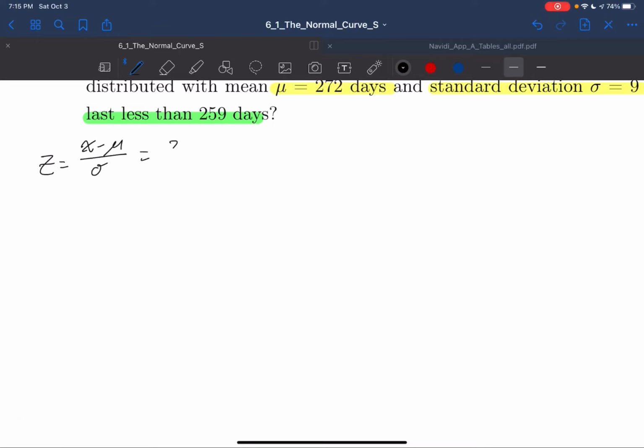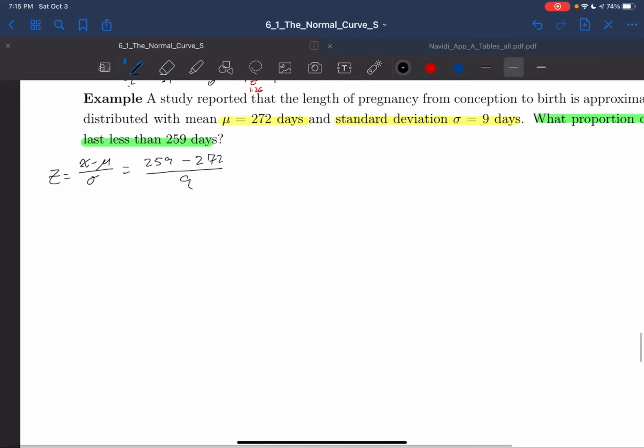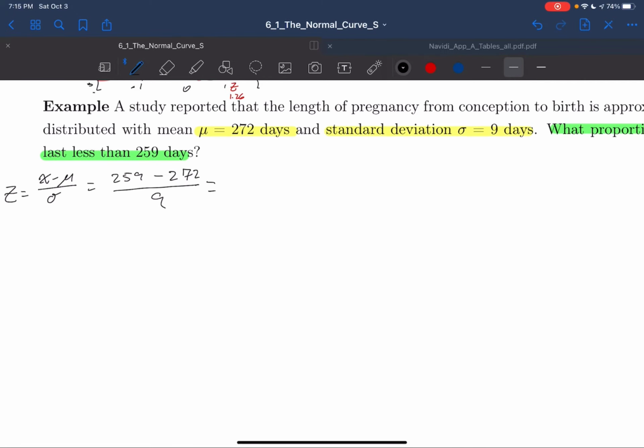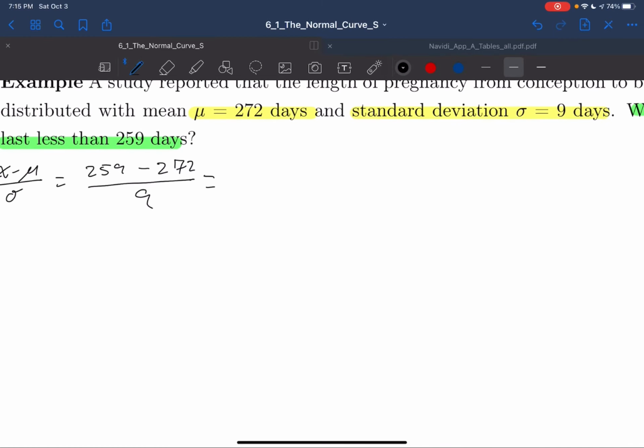This will be 259 minus 272 over 9. The reason is because 259 is our x value, 272 is our mean, and 9 is our standard deviation. So this will be negative 1.44.